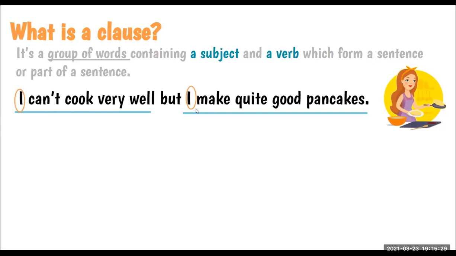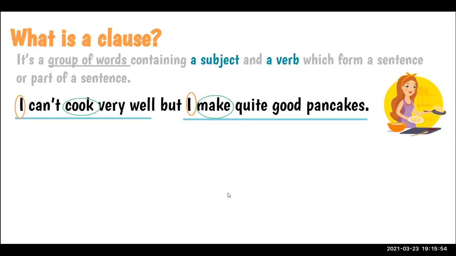In both clauses, the subject is I. In the first sentence, the verb is cook, and in the second sentence, the verb is make. As you can see, in one sentence, we can have more than one clause, okay? But in one clause we don't have sentences, okay? Entonces, las clauses pueden formar oraciones, okay?